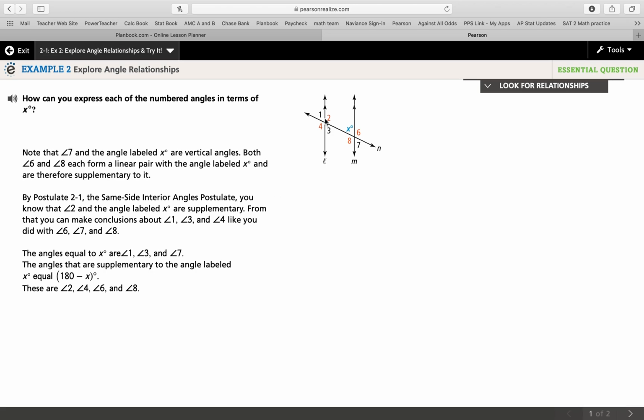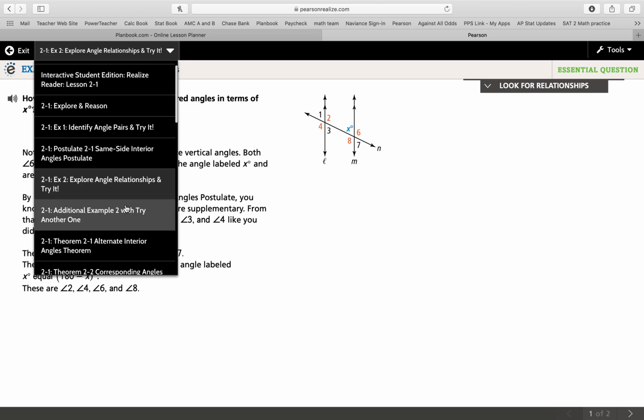Angle 1 and angle 2 are a linear pair, so they're supplementary. Since x and 2 are supplementary and 1 and 2 are supplementary, 1 must be equal to x according to our congruent supplements theorem. We'll get to that in a minute.